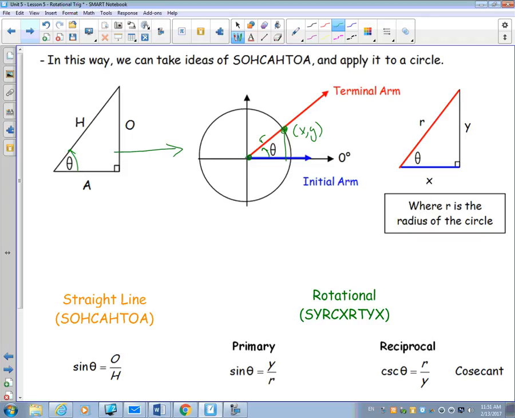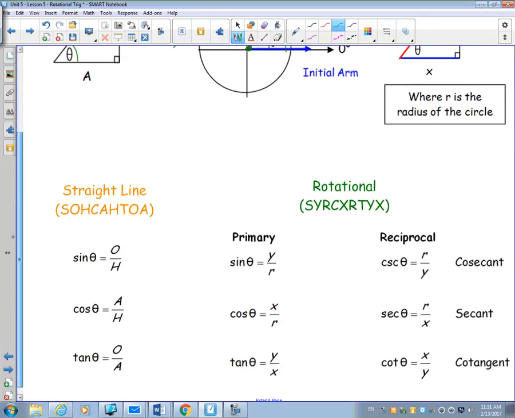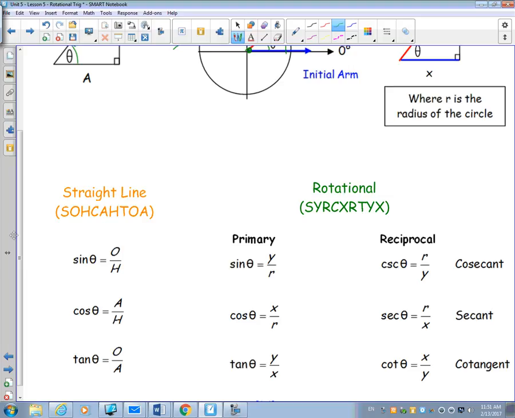So I'm going to start using the letters x, y, and r. R is the radius of a circle, x is how far we've gone along the x-axis, y is how high above we go on the y-axis, and then we could take our SOHCAHTOA letters and put them into letters that will help us do rotational trigonometry.